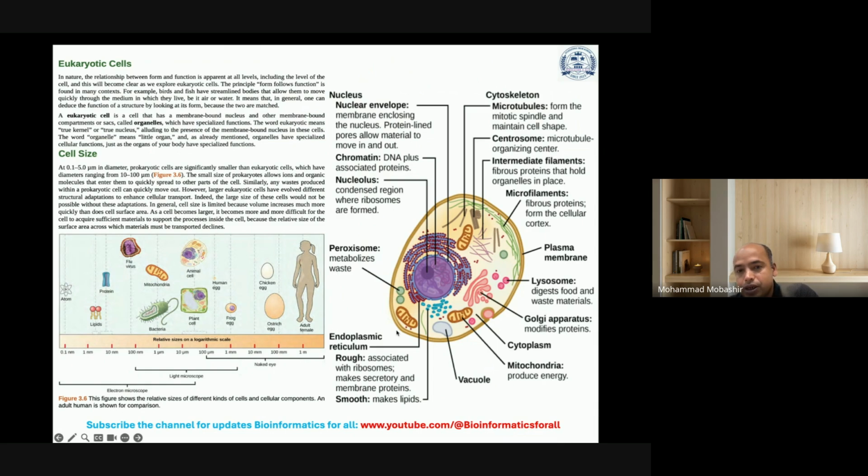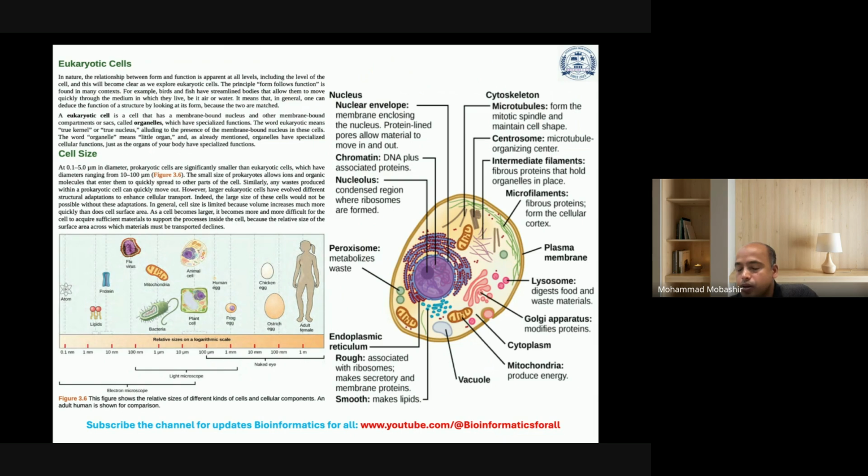Now, endoplasmic reticulum, there are two types of endoplasmic reticulum or ER. Rough endoplasmic reticulum, RER, and smooth endoplasmic reticulum, SER. So, rough endoplasmic reticulum is associated with ribosomes and makes secretory and membrane proteins.